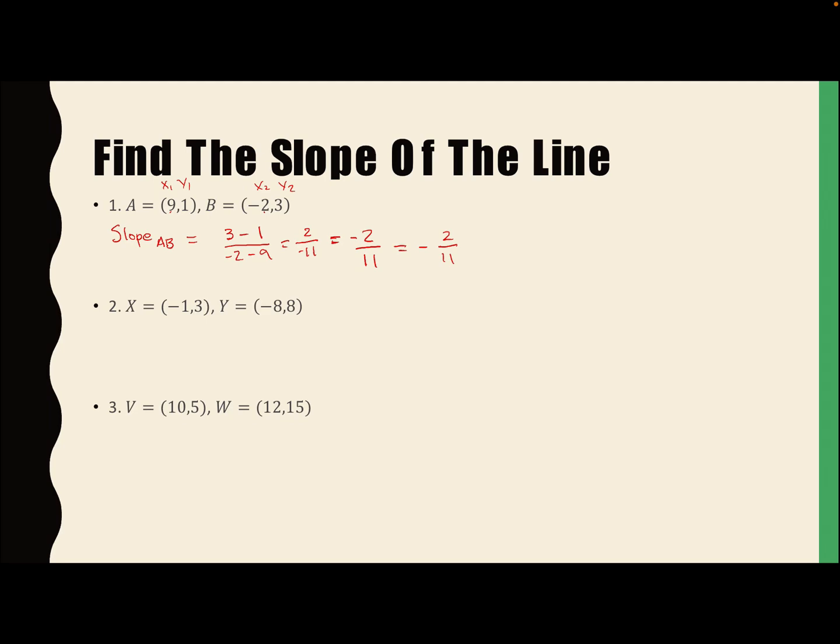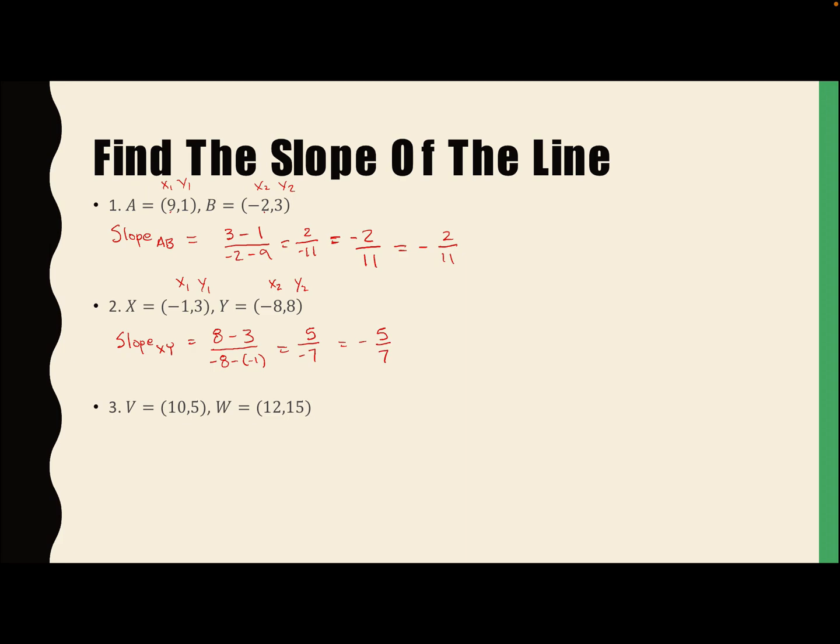Then for 2, we have a line segment that has points x, y. So we still have x1, y1, x2, and y2. The slope of line xy is going to equal 8 minus 3 over -8 minus -1, and that's going to be 5 over -8 plus 1, which is -7. And like I said, for one negative, you can put it in front of the fraction.